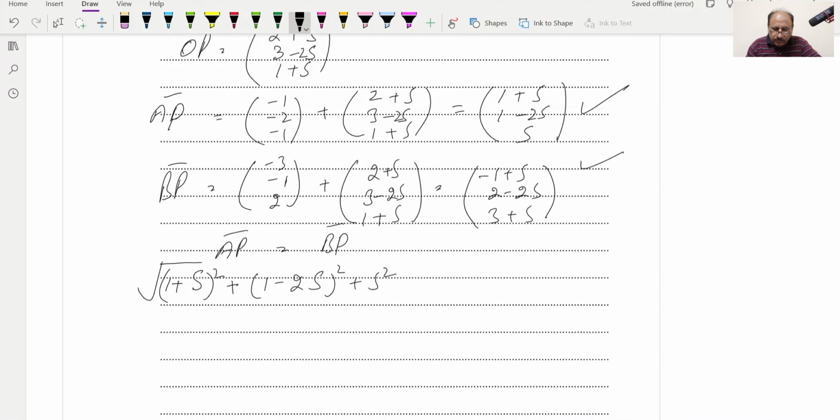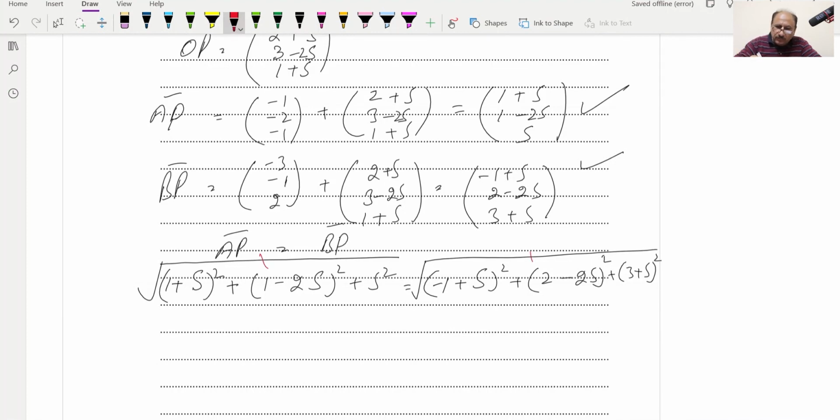So the root will cancel from both sides.